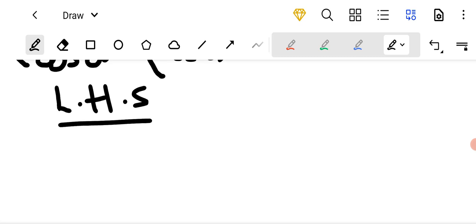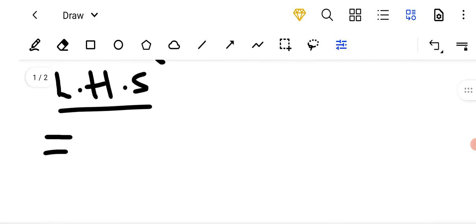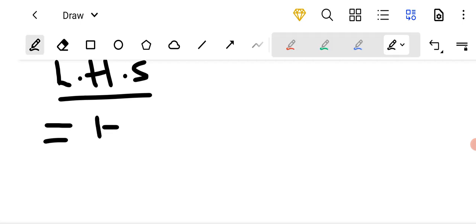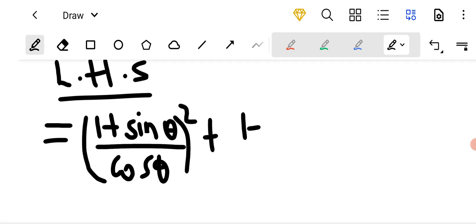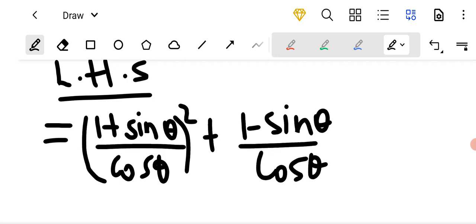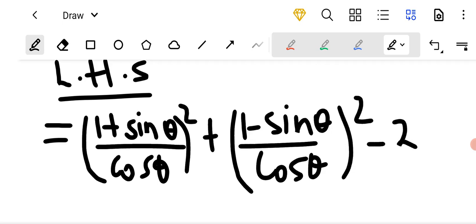We are going to say left hand side is equal to ((1 plus sine theta) divided by cos theta) everything squared, plus ((1 minus sine theta) divided by cos theta) and then everything squared, minus 2. This was the left hand side.